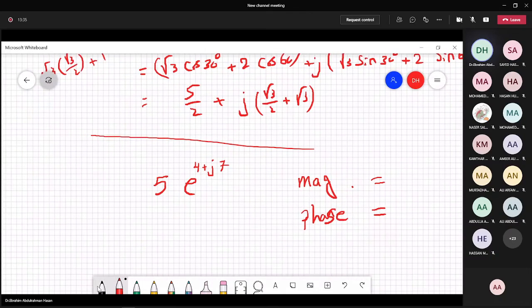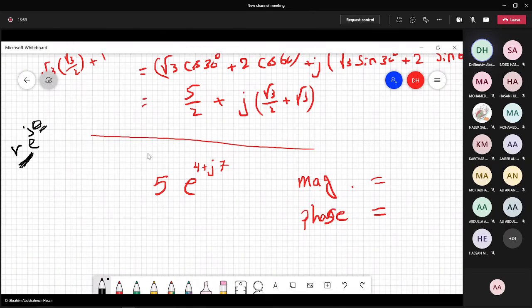Okay, remember that polar form is r e to the power of j theta. So whatever we have in front of e to the power of j is the magnitude, and whatever we have with a j here is the angle.